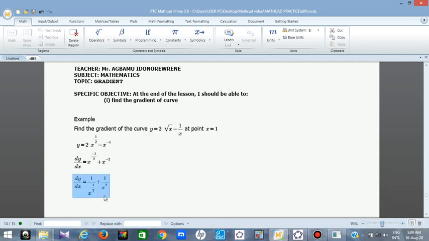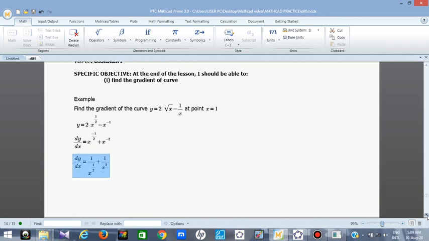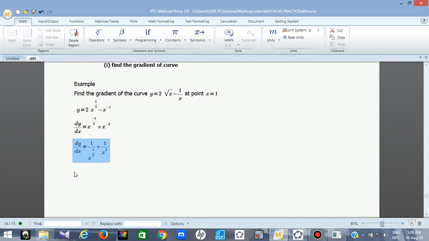So finally, let me arrange it in the order that we can understand it better. Let me remove this half, turn it to square roots. So dy/dx will now be equal to 1 over square root x plus 1 all over x squared. So that is that.